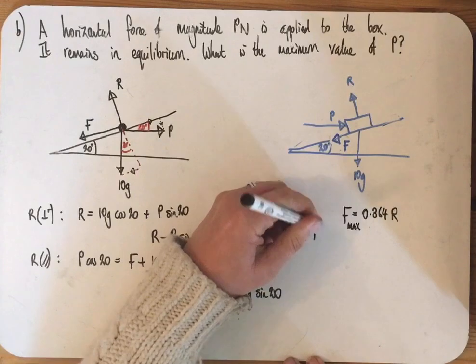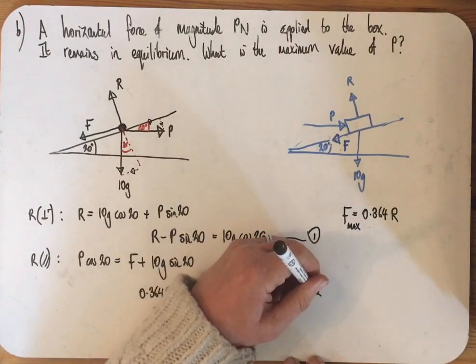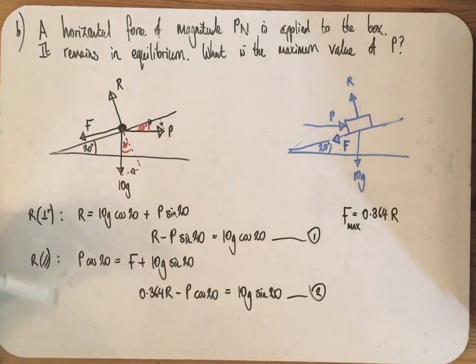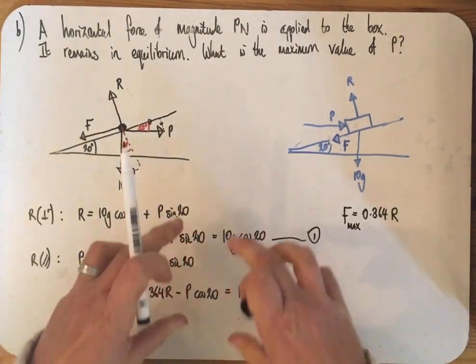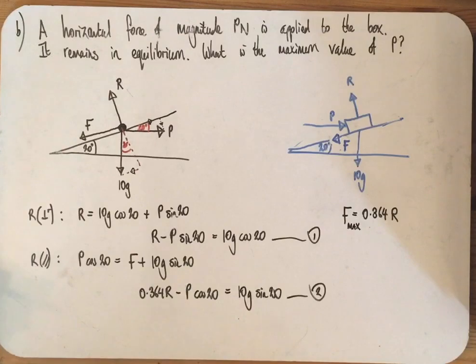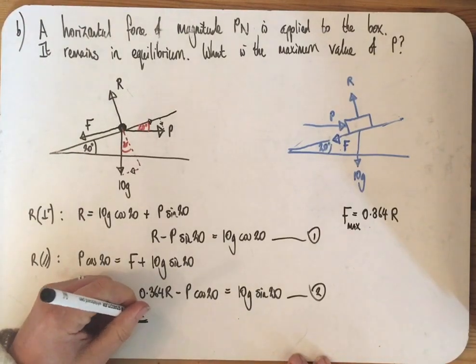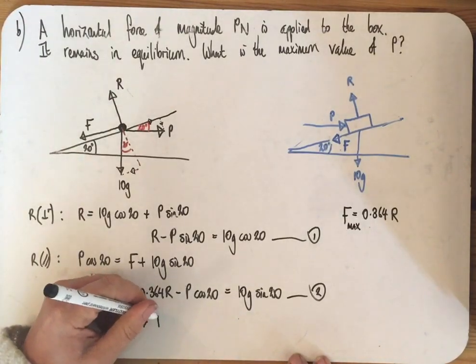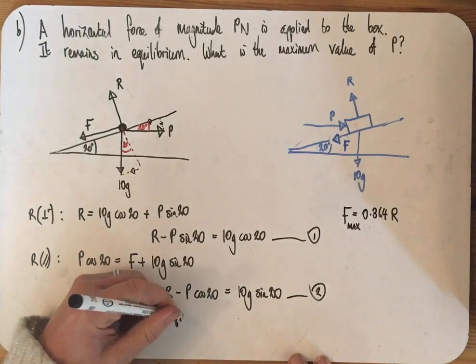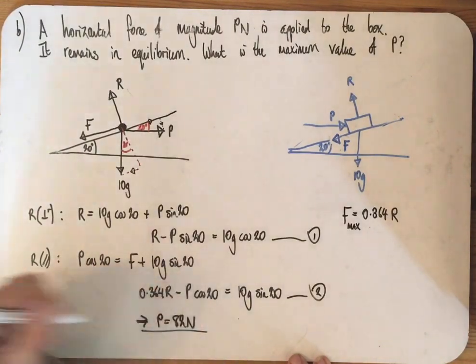So two simultaneous equations. You can just put them into your calculator, so you can actually just put in like minus cos 20 as a coefficient of P, and then 10g sine 20. So you can literally put them in like that, so you don't have to faff about with decimals too much. And then from your calculator, P is equal to 82 newtons.